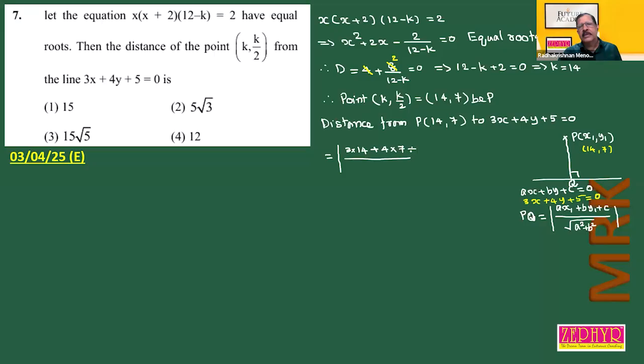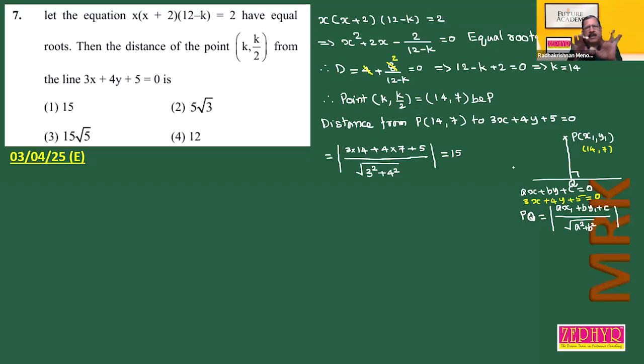Now plus c is 5. The whole divided by square root of a squared, that is 3 squared, plus b squared, that is 4 squared. Okay, when you simplify this, you will be getting what? Denominator is 5, square root of 25. So numerator, you will be getting 75.